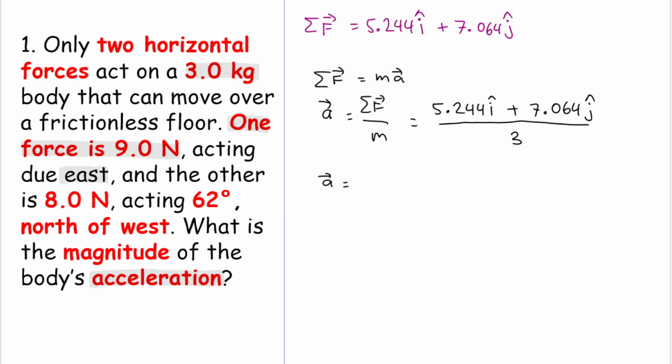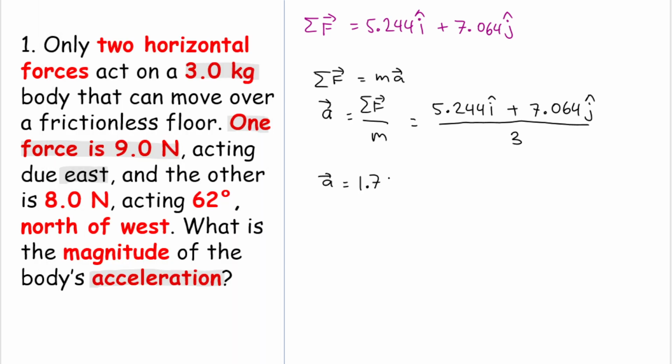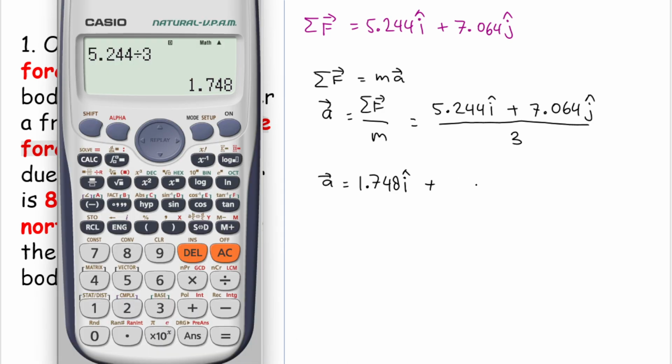Okay, so we will have our a here on the i direction. Maybe let's calculate that, right? We can just divide one by one. So I have 5.244 divided by 3. So we'll have 1.748 on the i direction. Okay, and then plus, we will have 7.064 divided by 3 on the y direction.